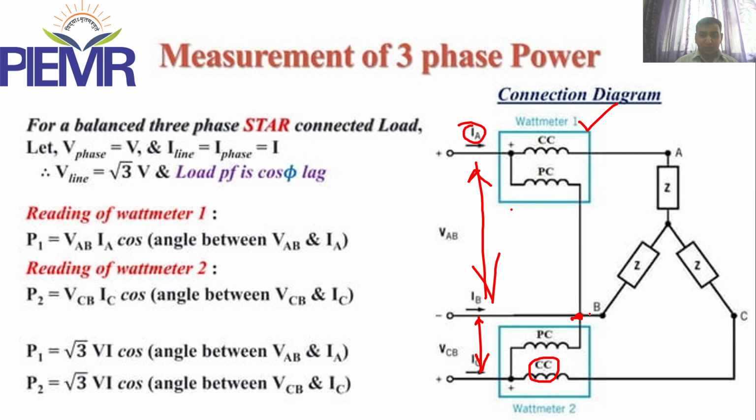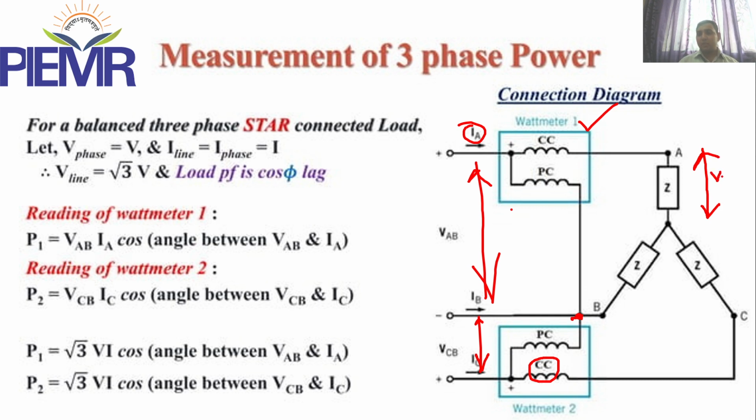Now in this particular condition both wattmeters carry different currents, but they have the common node, phase B. The potential coils are connected with respect to their phases, like VAB and VCB. Now if we want to note the readings, we assume we are measuring the power in a star type connection of 3-phase power.